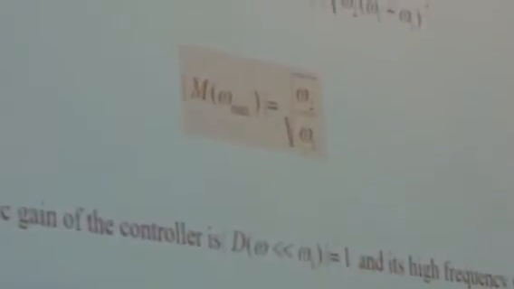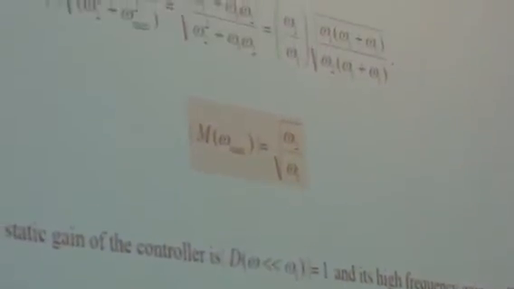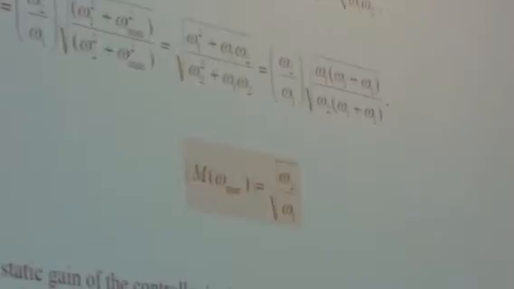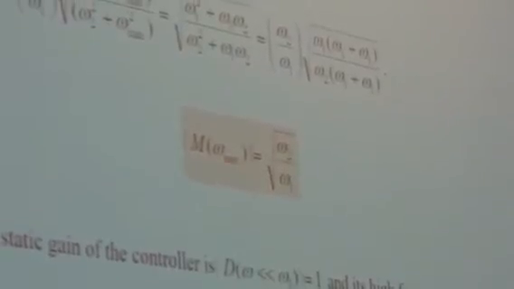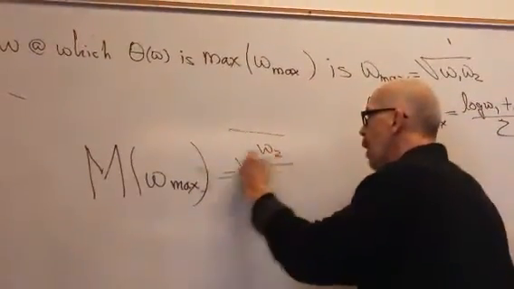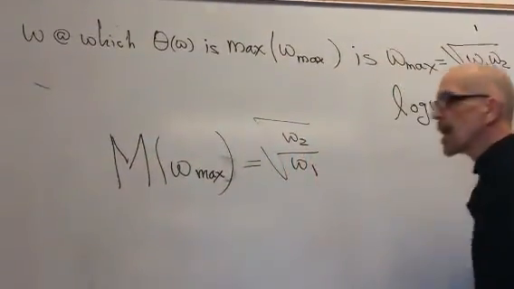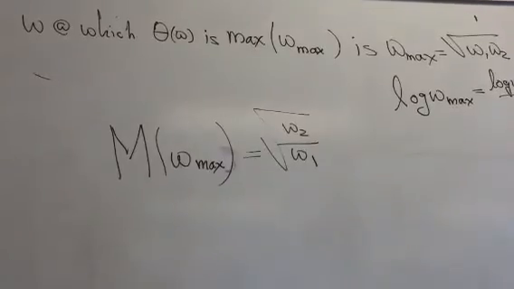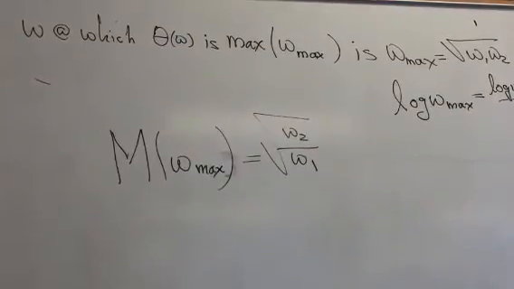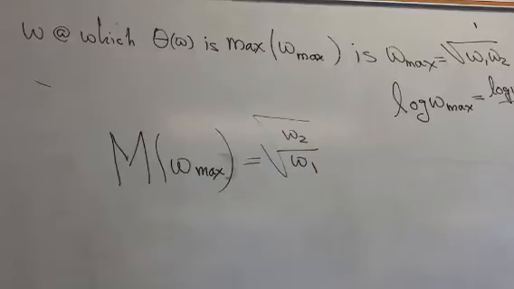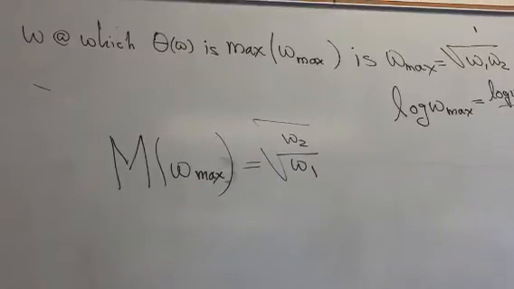Before we get to the phase at omega max, get to the magnitude. So the magnitude M at omega max is equal to the square root of omega 2 over omega 1. Now, what's the high frequency gain of the compensator? Let's go back to the compensator form and ask, does anybody remember what happens when omega is huge?